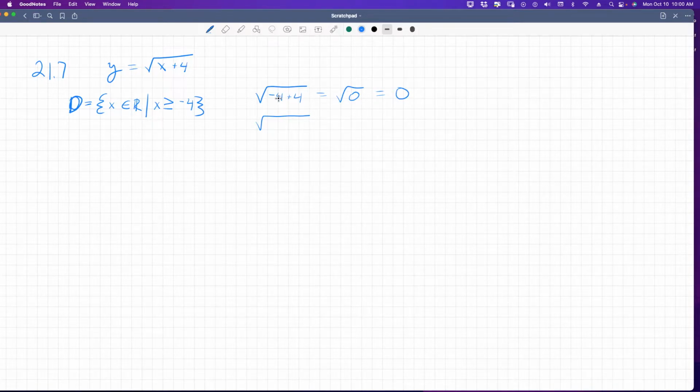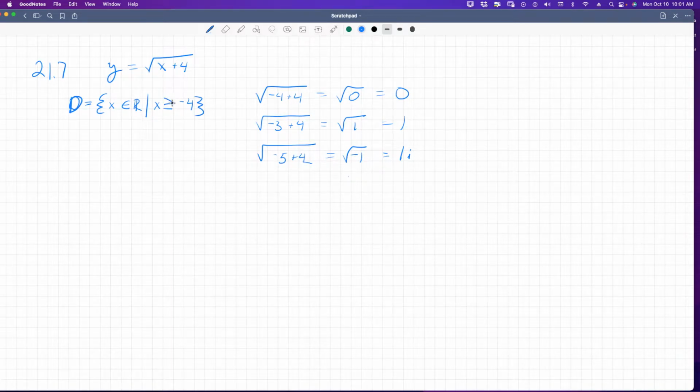So greater than -4 would be like -3. That would be the square root of 1, which would equal 1, right? Easy peasy. But if I went less than -4, let's say -5 plus 4, which would equal -1, well, then that is going to be equal to 1i. That's an imaginary number. So we can't have any negatives.